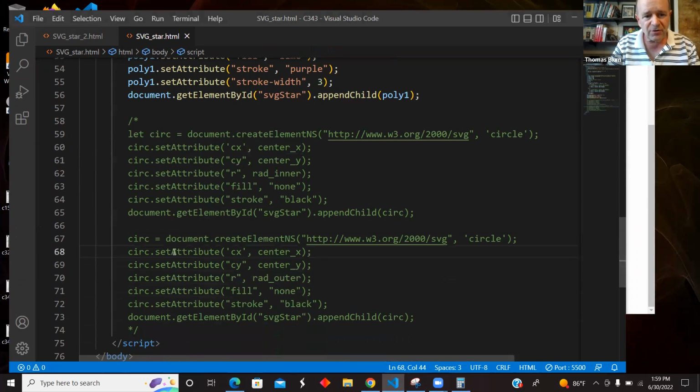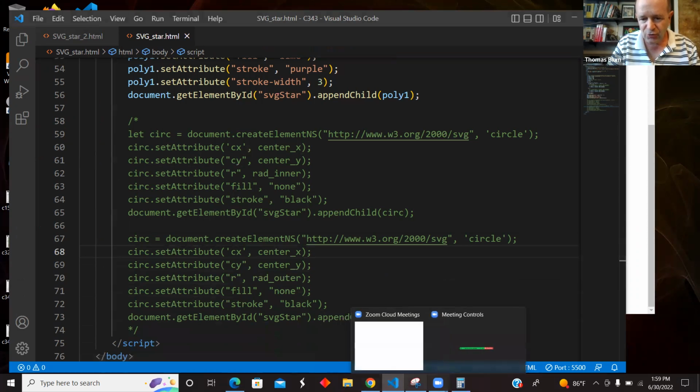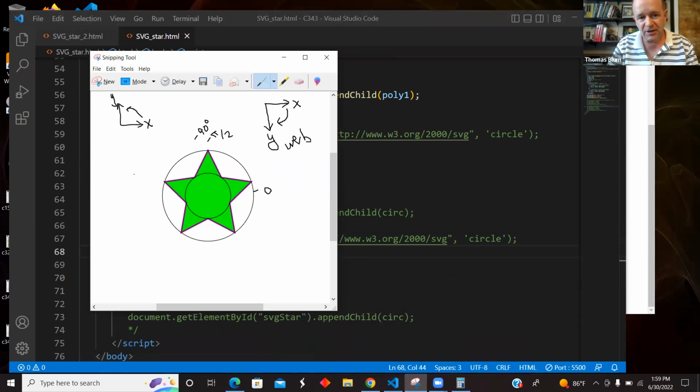Down here, I was just making the circles that you saw, the inner and outer circle. That commented out code was making circles associated with the star, just so I could talk about the geometry and how I made this star.